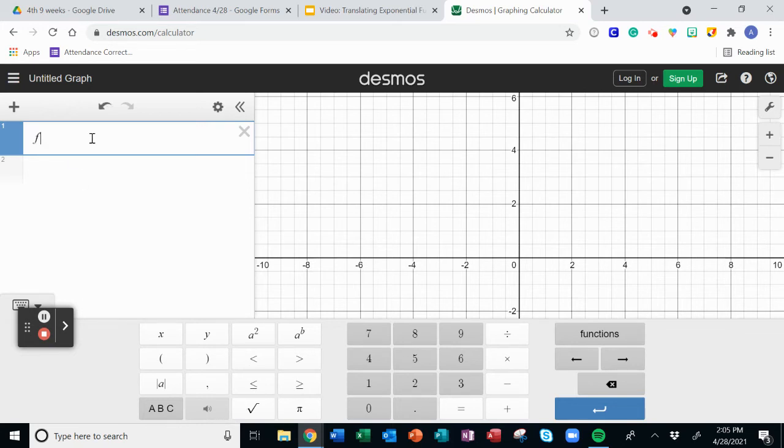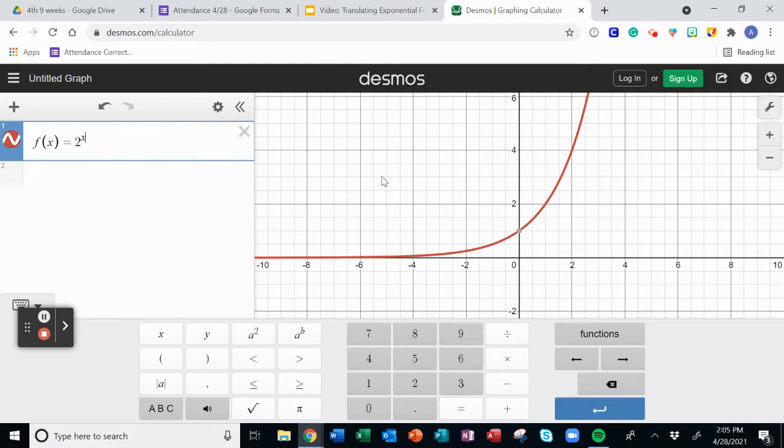I'm going to type in f of x, and that is equal to 2, and then raised to the x power. So I'm going to use this button, A to B, and then put x in the exponent. So here is my parent function 2 raised to the x power.